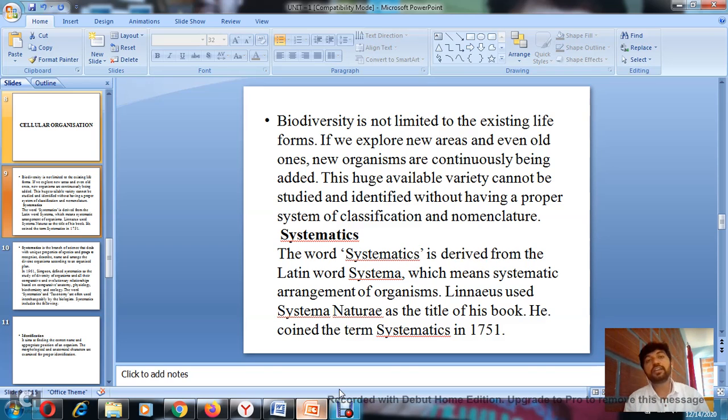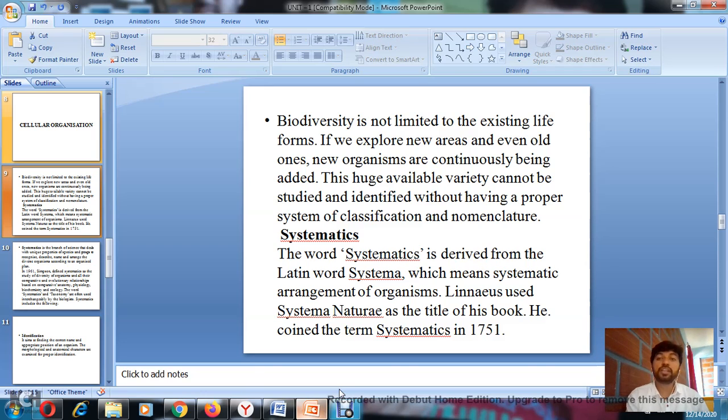Still 99% of the organisms are not even identified by the scientists, right? This is a very diverse planet, and there are a lot of different species and a lot of new organisms present.